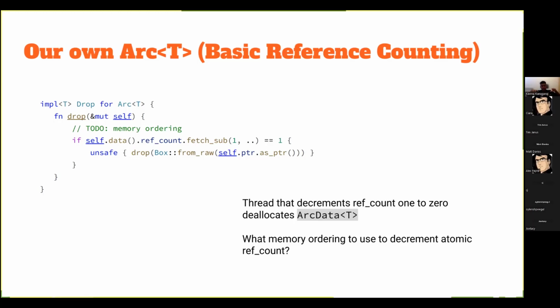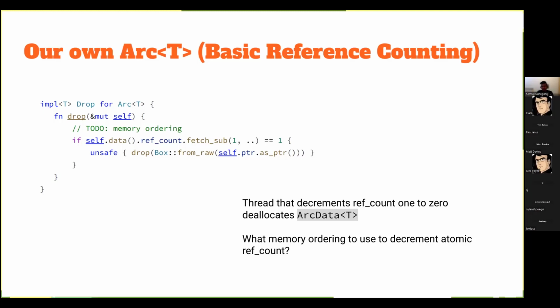There is a chance that in one thread the count is decremented to 0, but that change has not been observed by some other thread, and it can still access the data. So if we don't maintain any memory ordering here, the data can be accessed even after being deallocated from a different thread, which we don't want to happen, which is undefined behavior, right?